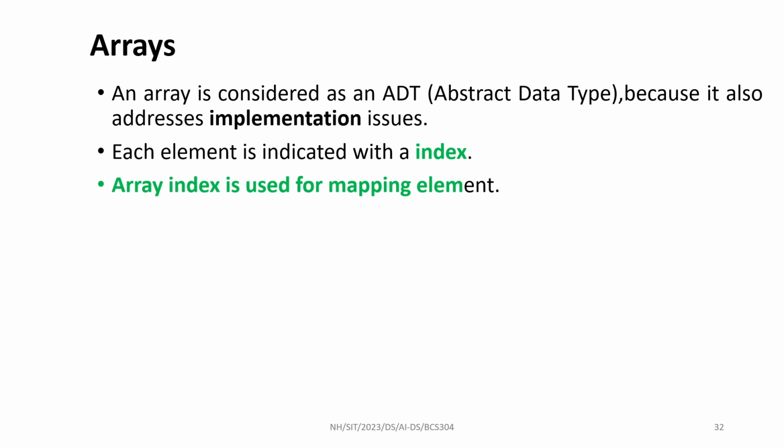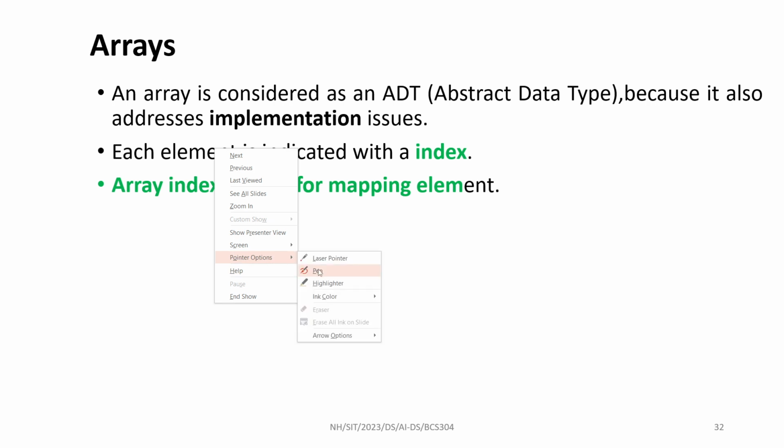Some languages support an array having a similar type of data, some can have different types of data. Whatever it may be, an array consists of elements. Each of these elements can be referred to with an index value, so the index is used to map the element.